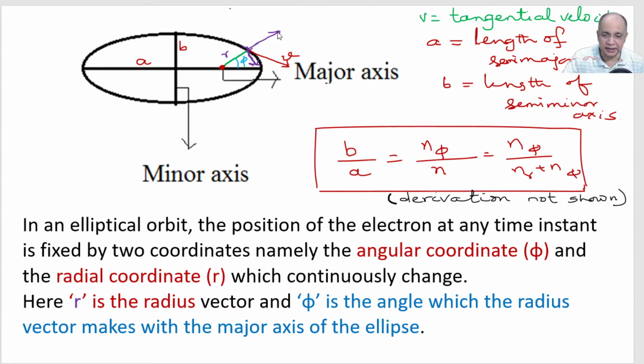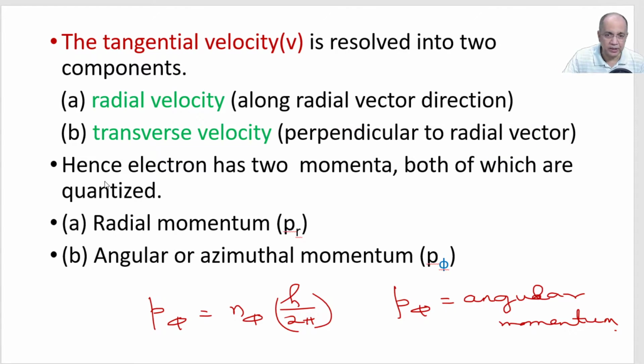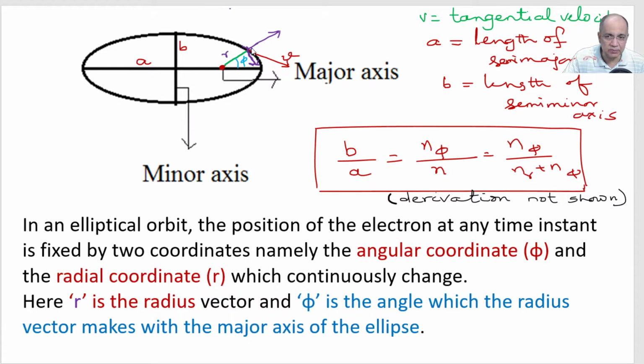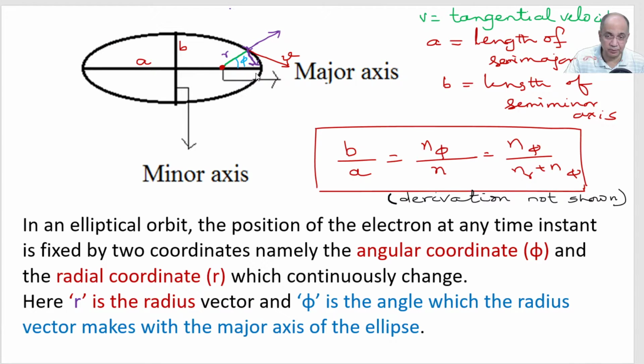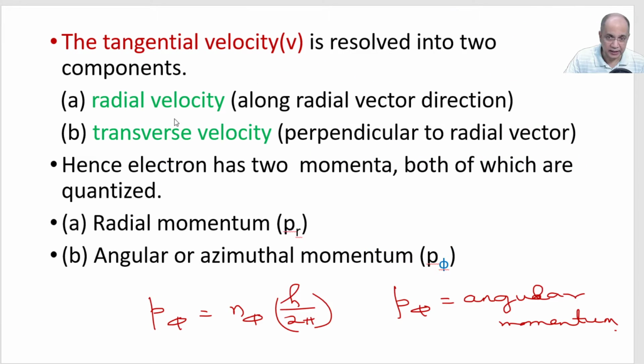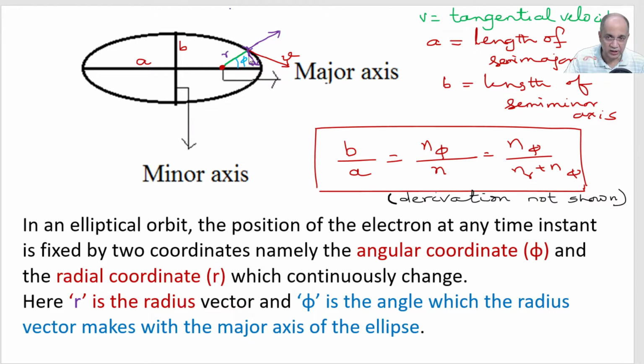The component along the direction of the radius vector is called the radial velocity, and the other component in the perpendicular direction is called the transverse velocity, which is perpendicular to the radius vector.